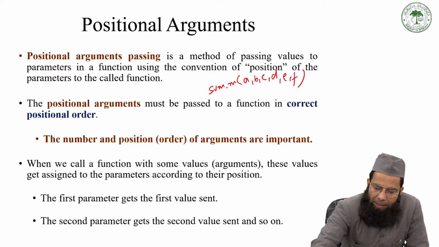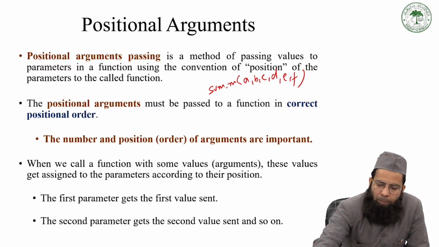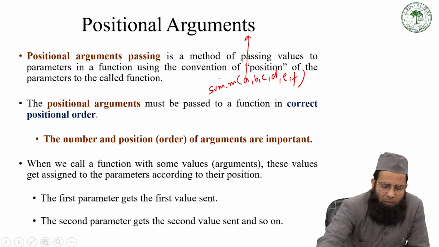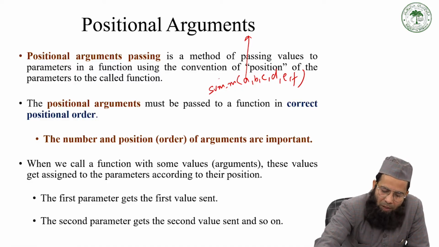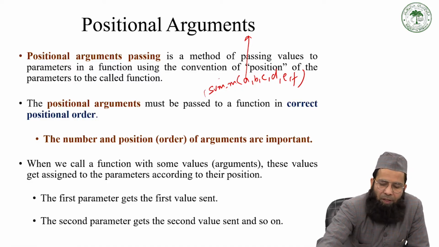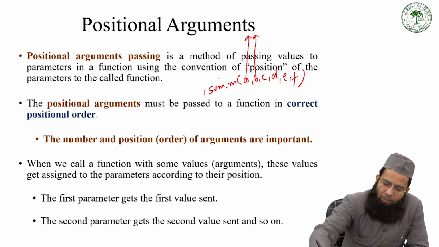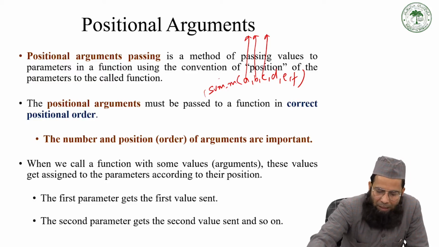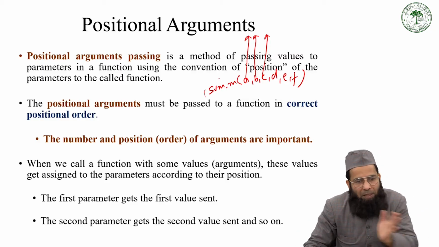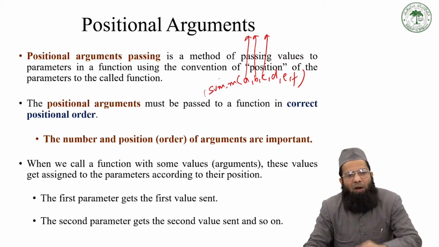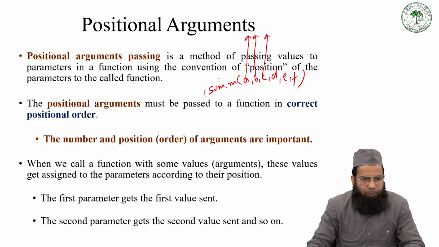So, a will be passed to the parameter in the definition of this function. You know, if you are calling this function, it means you have already defined the function, right. So, this value will be passed to the very first parameter, then the next value will be passed to the next parameter, and so on. So, it means the position would actually matter. The number and position, or you could say the order of arguments, are important in this case.